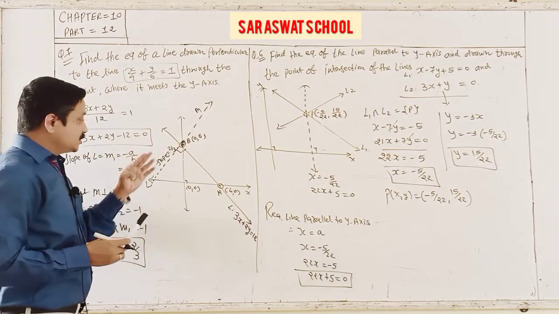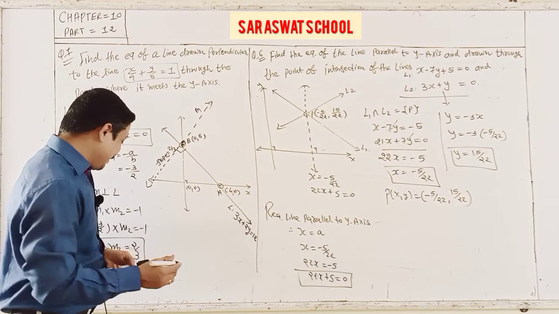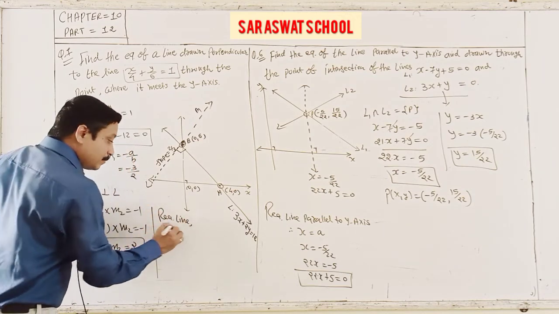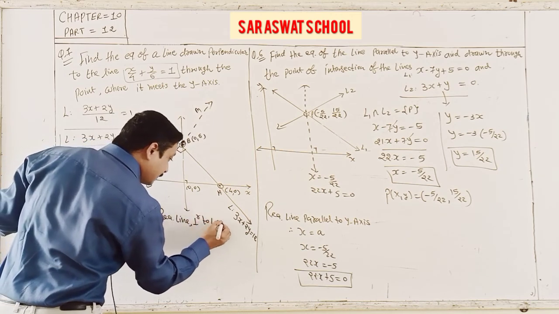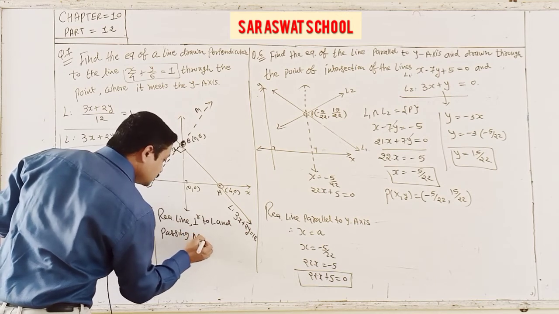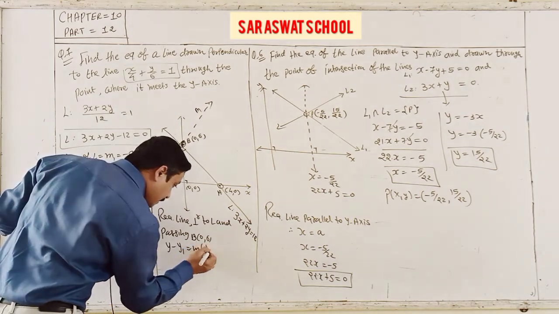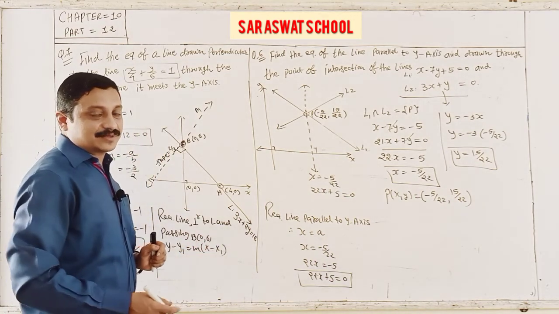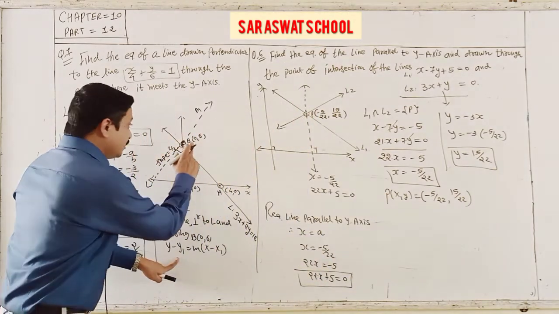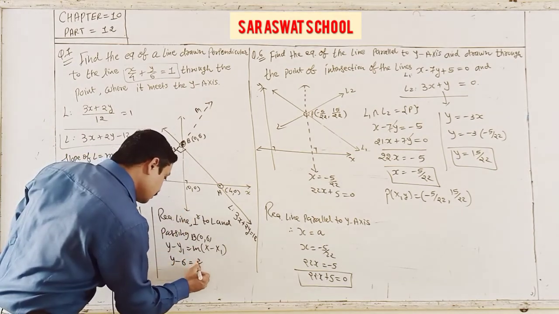Now students, check: slope ready, passing point known, so you can apply the slope-point form. So the required line perpendicular to L and passing through 0, 6: y minus y1 is m times x minus x1. Students, slope is known, passing point is also known, so you can apply y1 is 6, x1 is 0. The slope I know is 2/3.